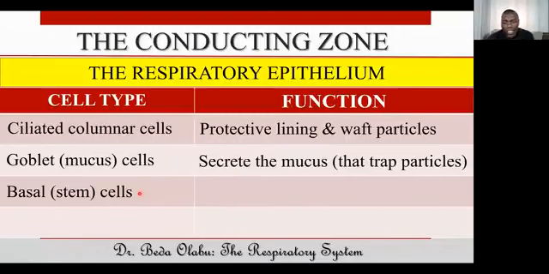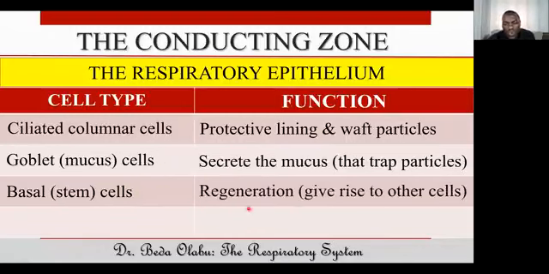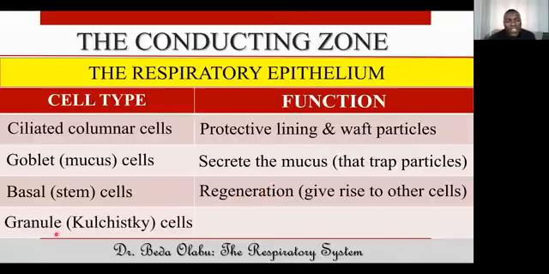The basal cells are largely for giving rise to the other cells. So there are stem cells. They are regenerative cells. We have the granule cells, which are also called the Kulchitsky cells. The Kulchitsky cells are cells of the neuroendocrine system.